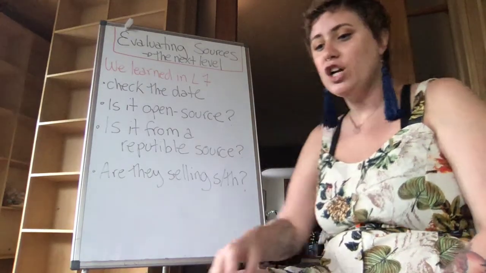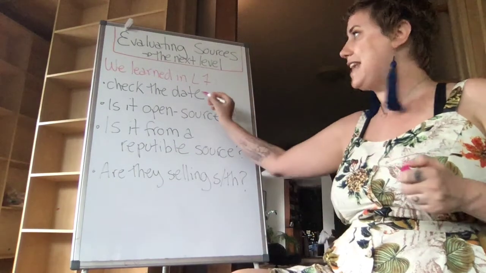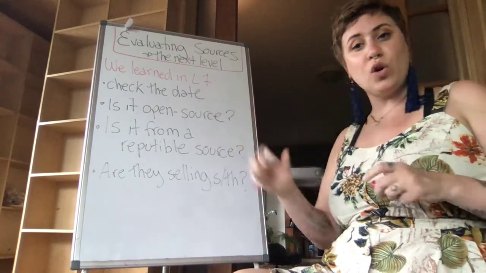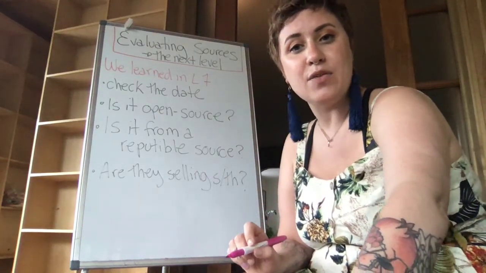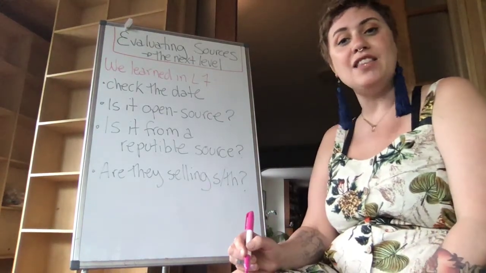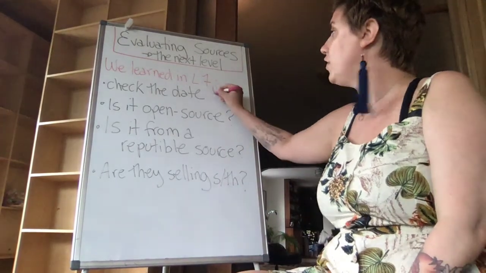So we learned in level 7 that checking the date of your source is really important. As we're going to talk about a little bit later, it's not the most important thing. It really depends on the topic.